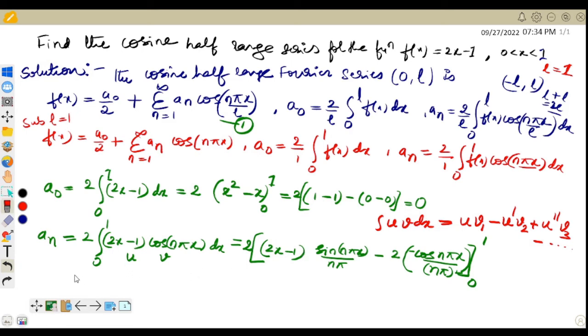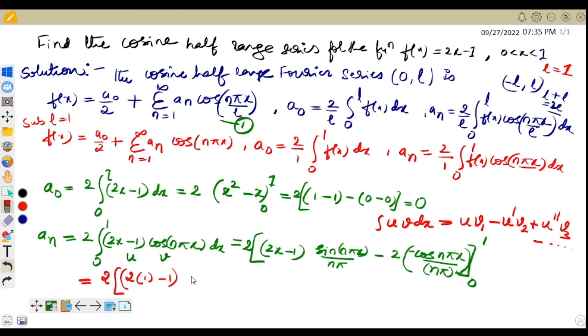Look at it, students. I am going to calculate this by substituting the upper limit and lower limit. This is 2 times: substitute x equal to 1. 2 into 1 minus 1, sin n pi.